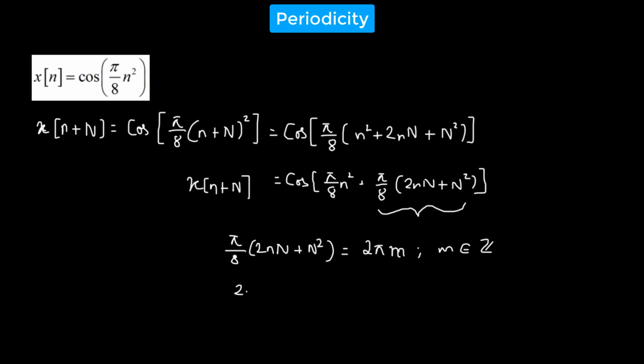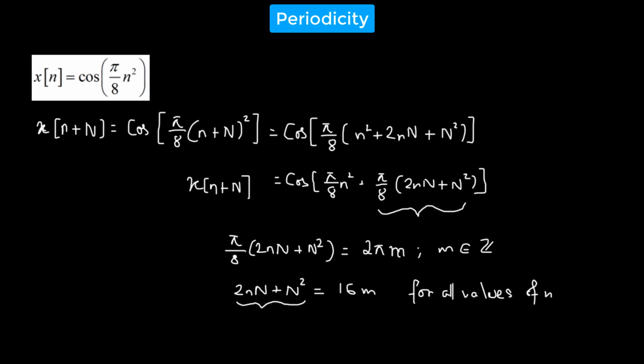So that gives us 2nN plus N squared equals 16m. So clearly we see that the left hand side of the equation, 2nN plus N squared, is a multiple of 16, and this is true for all values of n.